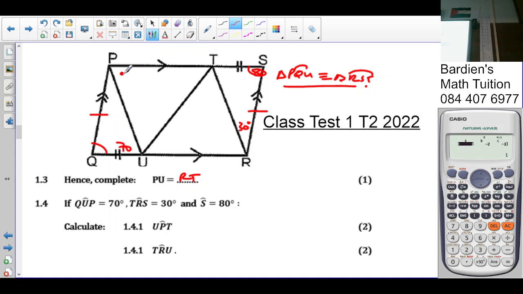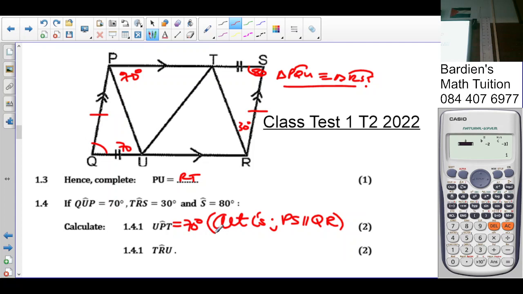This angle here. But what do you notice here? The alternate angle. So in actual fact, that angle has to be 70 degrees. Why? The alternate angles are equal with PS being parallel to QR. So 70.